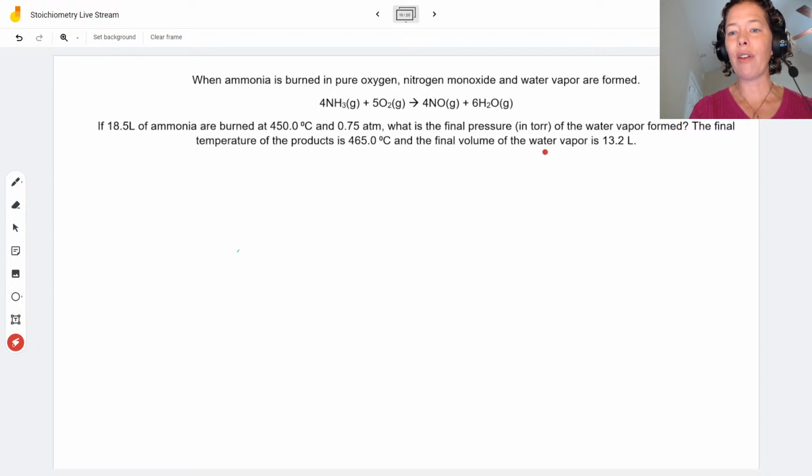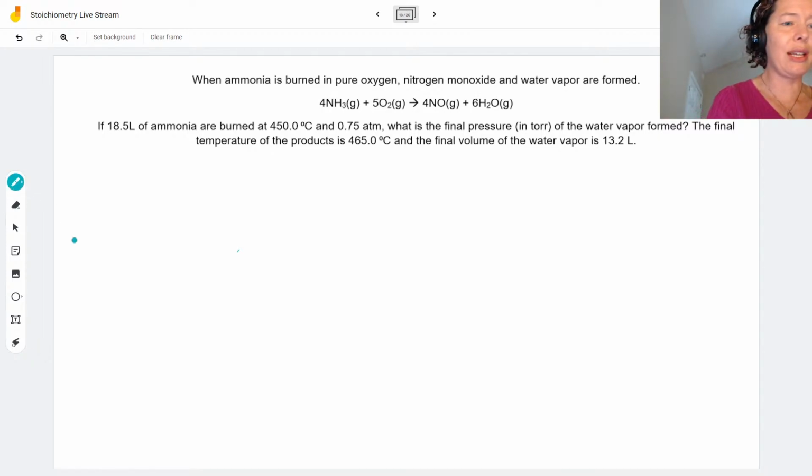I don't have enough information to get the number of moles of water vapor. Also, of course, the question is asking me about water vapor. That's another clue to hold off on the water vapor and start with whatever else you're given. There are usually a couple different ways to think about these problems. But let's get to calculating.